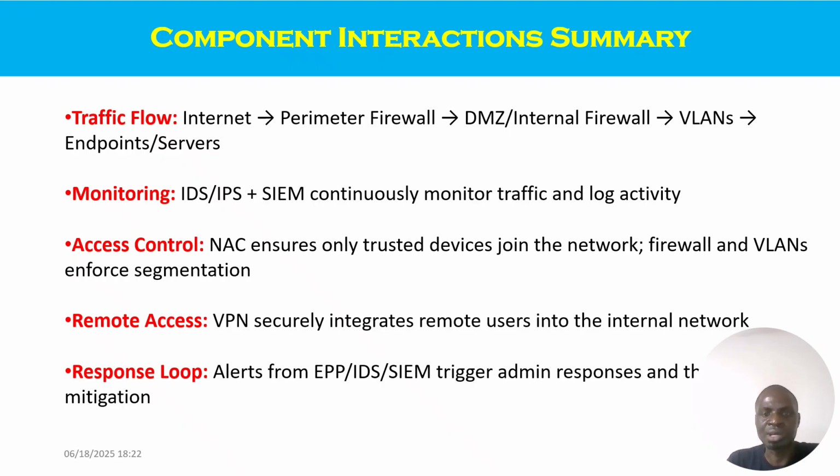For access control, we have the NAC that ensures only trusted devices join the network, and firewalls and VLANs enforce segmentation. For remote access, we have VPN, which securely integrates remote users into the internal network. And for the response loop, we have alerts from EPP, IDS, SIEM, and so on that trigger the admin to take action.